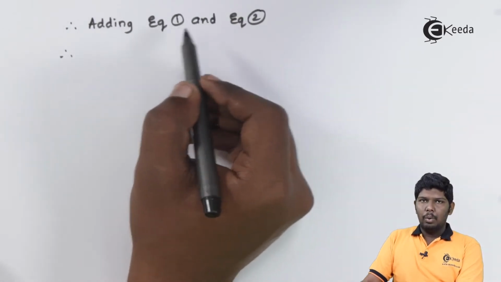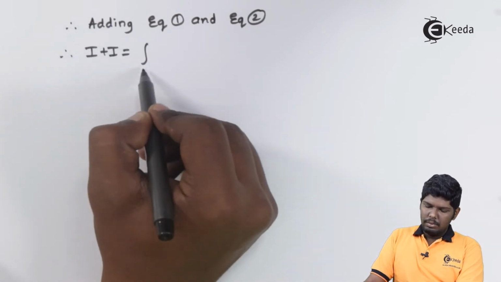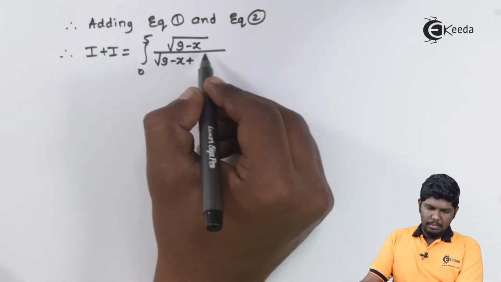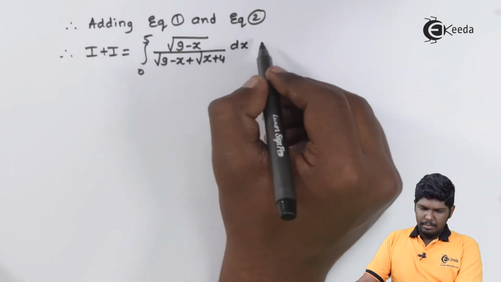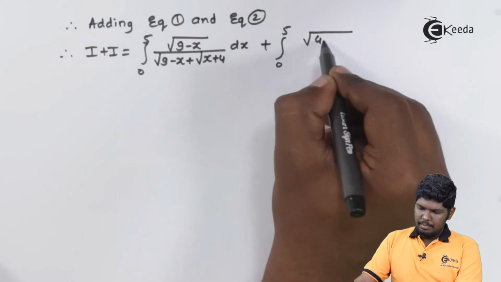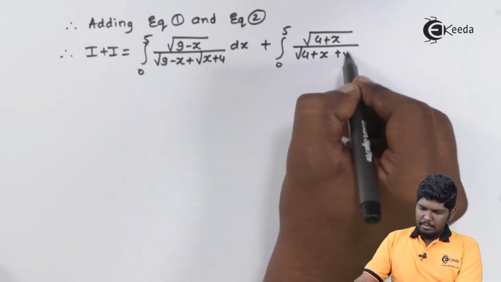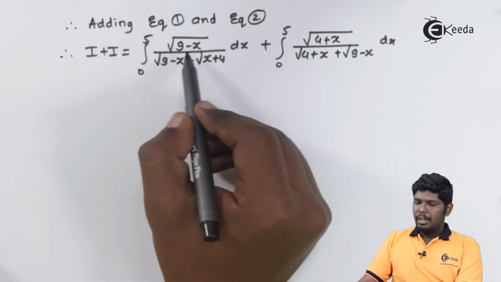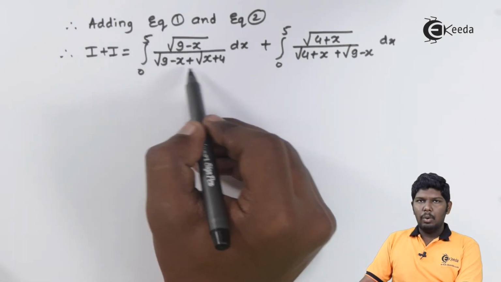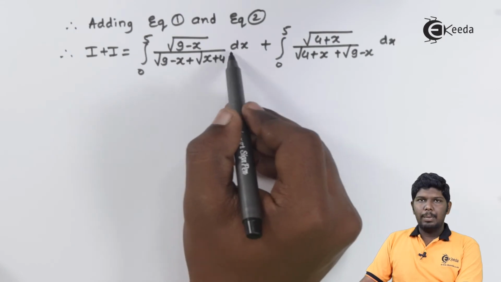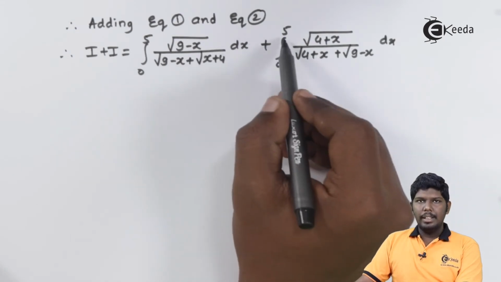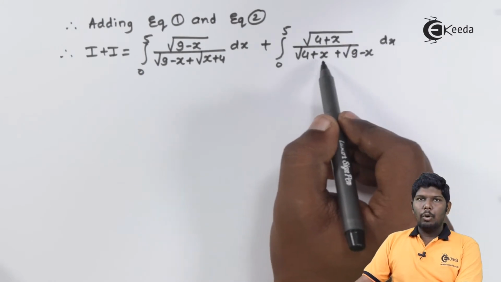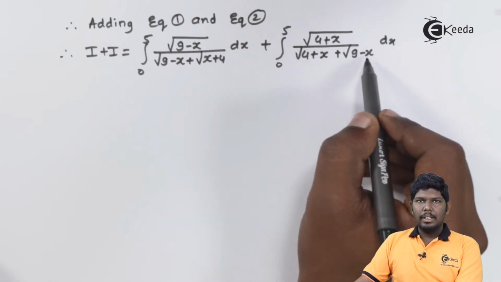Adding equation number 1 and 2, I plus I will be integral 0 to 5 under root 9 minus x upon under root 9 minus x plus under root x plus 4 dx plus integral 0 to 5 of 4 plus x upon under root 4 plus x plus under root 9 minus x.